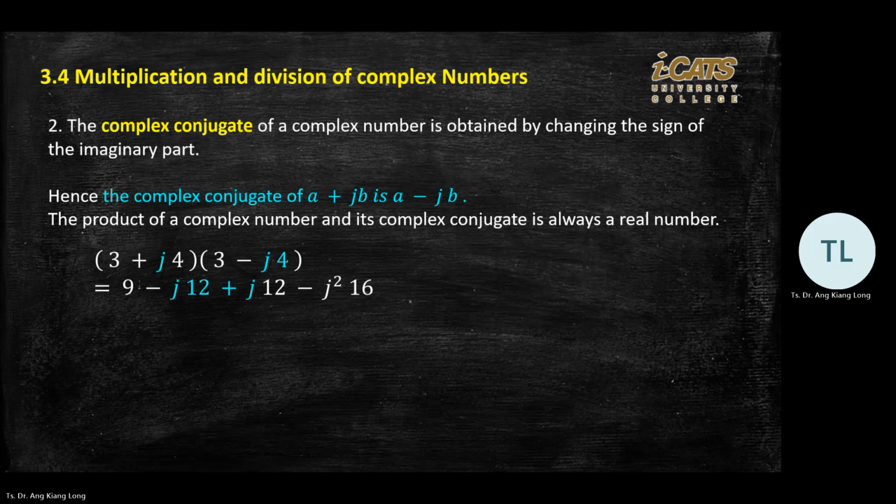This one is what? j square, which is -1, right? So this one becomes positive. So you get a square plus b square. So when you multiply by the conjugate, you are actually finding the square of the real part and the imaginary part. You cancel out the imaginary part, so you'll get a real number.